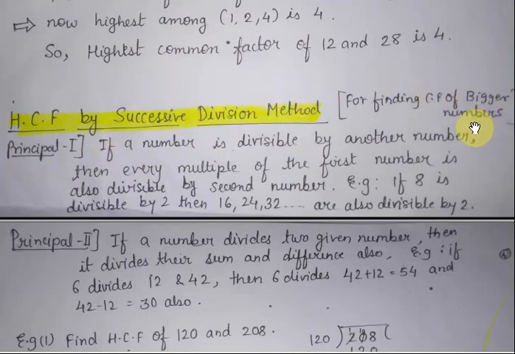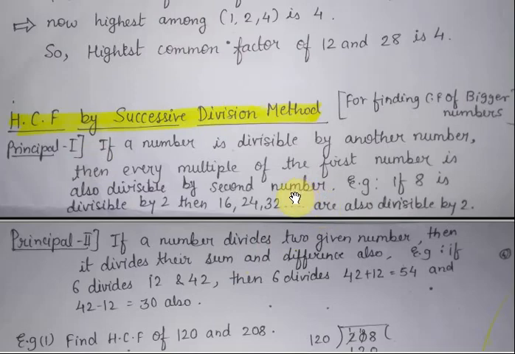In this method we use two principles. What does the first principle say? That if a number is divisible by another number, then any multiple of the first number is also divisible by the second number.